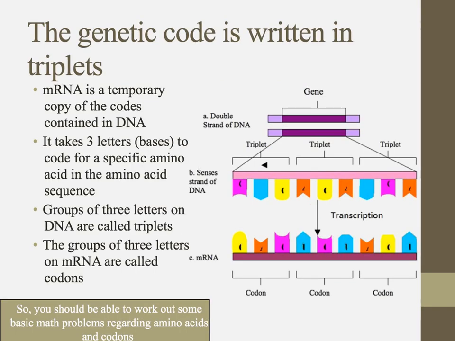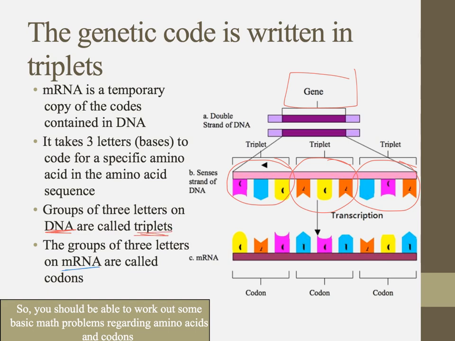Now, what you're going to find with the mRNA codes is that we generally look at them in groups of 3. So in DNA, here's the DNA, a gene, a section of DNA. Those groups of 3 base pairs are called triplets. So on DNA, they're called triplets. You have to remember that.